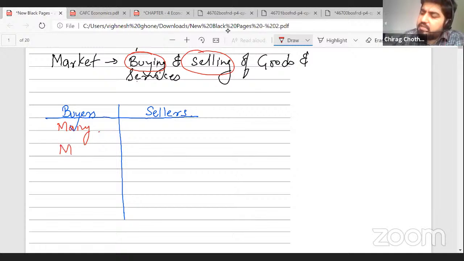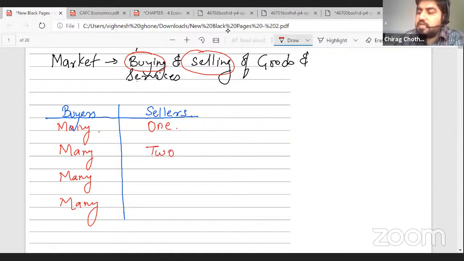There are many, many buyers. Correct? Do you agree to this? But sellers, there can be only one seller in a market, right? There can be a market where there are only two sellers. There can be a market where there are few sellers, and ultimately there can be a market where there are many sellers. Okay.